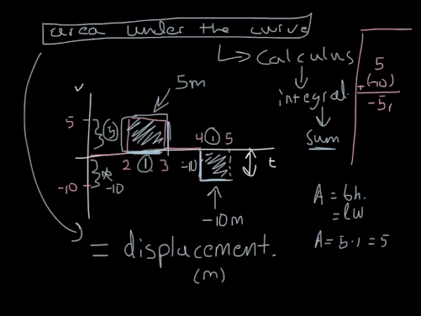So our total displacement is negative 5 meters. What that means is we moved 5 meters away from the original starting point, in this case to our left maybe. Again, directions are defined. So that's area under the curve.